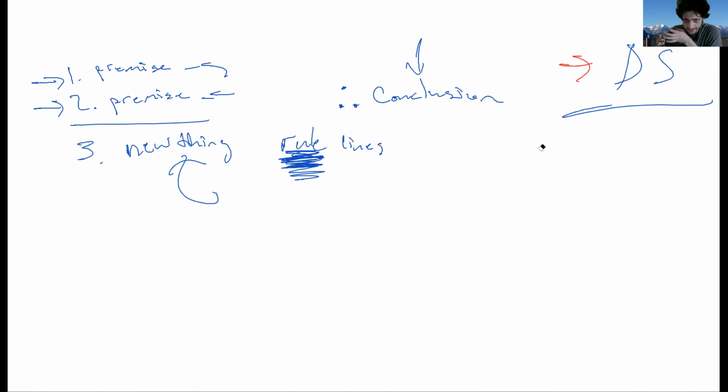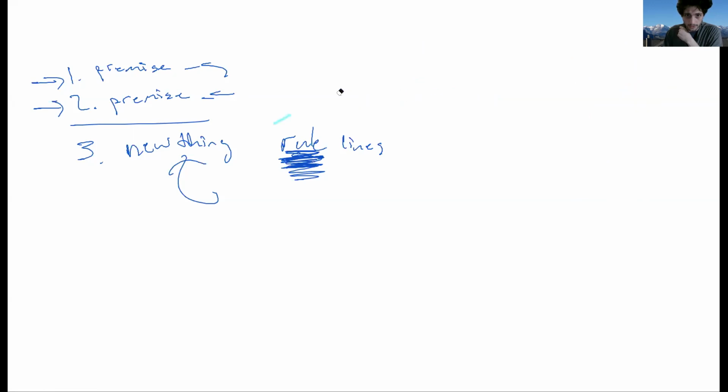But what happens if you're doing a proof... so, well, there's a variety of things. There's a variety of reasons you might want to do a subproof. So let me just go ahead and clear this away now.